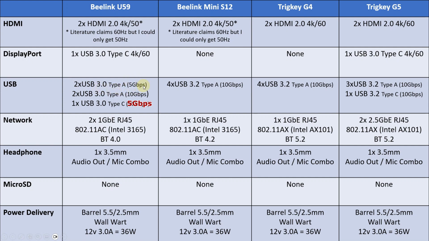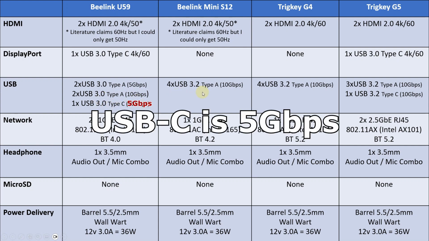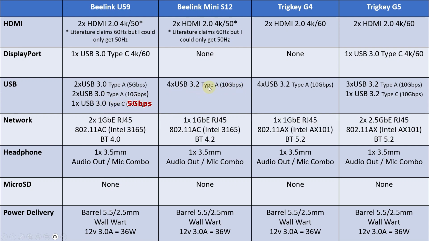And then as far as USB is concerned, the Beelink U59 has 2 Type A. The rear ones are actually 5 gigabit and the front ones are 10 gigabit, along with the USB Type C, which are all 10 gigabit. And I have confirmed that, and I'll show benchmarking on that. And then the rest of them all have 10 gigabit USB 3.2 ports. As far as networking is concerned, the Beelink U59 has two 1 gigabit Ethernet ports, and the Beelink Mini S12 and the Trigkey G4 only have one gigabit Ethernet port, all RJ45.